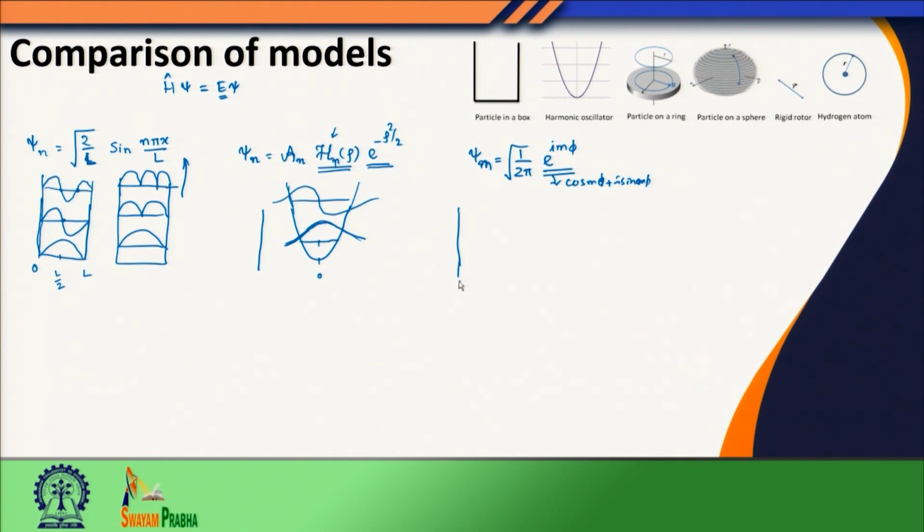The energy levels go as m equals 0, non-degenerate, m equals plus 1 or minus 1, m equals plus 2 or minus 2, and so on and so forth. And this is how the energy level spectrum would appear for the particle in a ring.